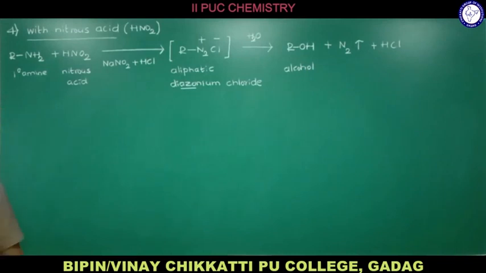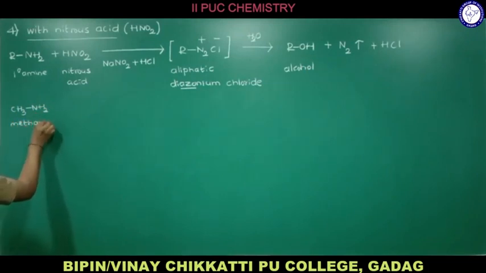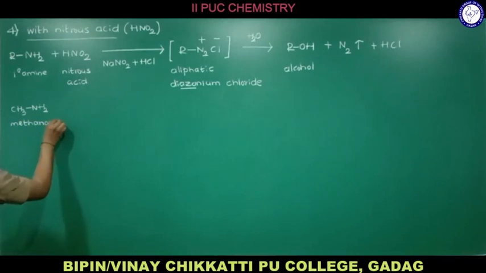Now we'll see one particular example. If I consider CH3NH2, that is methanamine, as we know, this is a primary aliphatic amine.